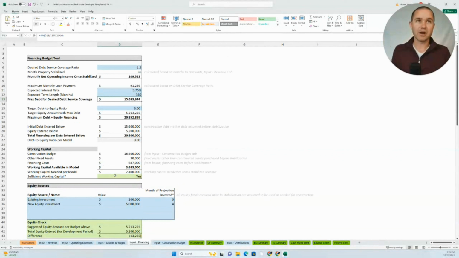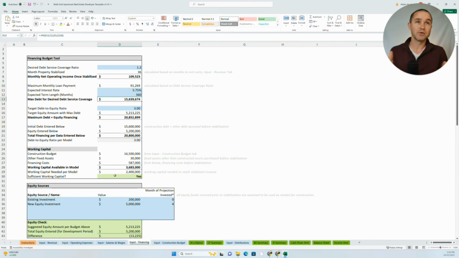So this is that process of getting the deal to pencil: going through all these assumptions, trying to get the math to work out where, based on your set of assumptions, you can meet your debt service coverage ratio, you can get the building actually constructed or acquired for the price, you have the right debt to equity ratio, and so forth.